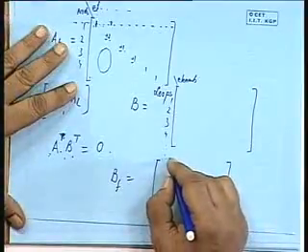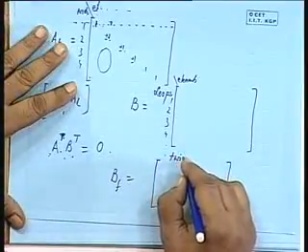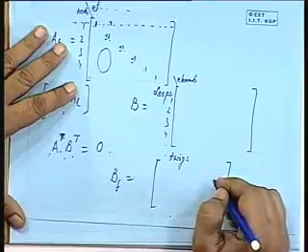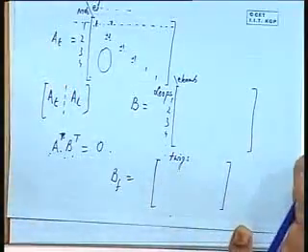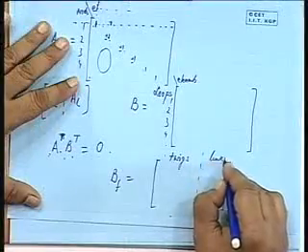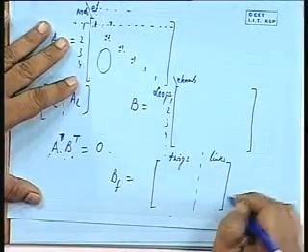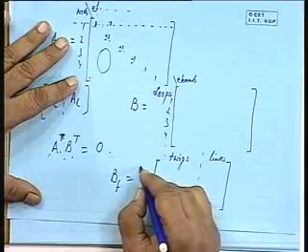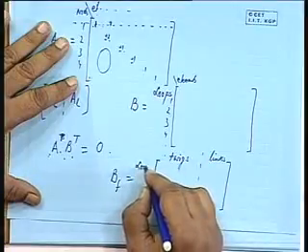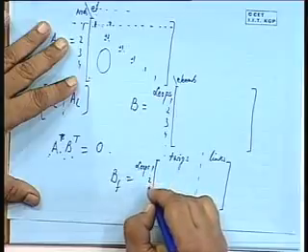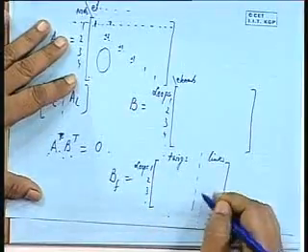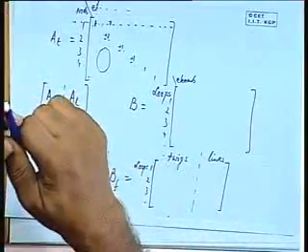So B twigs, twigs means the branch of a tree, and links, these are the loops 1, 2, 3 and so on. Now first loop, in a fundamental loop matrix, in the first loop you are taking the first link.